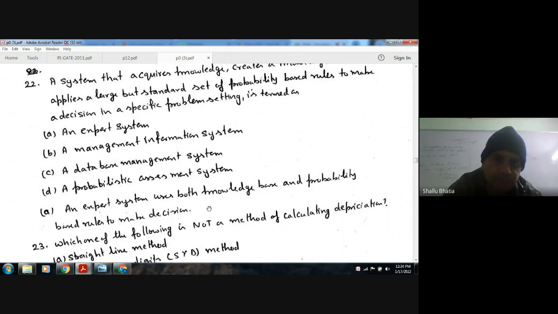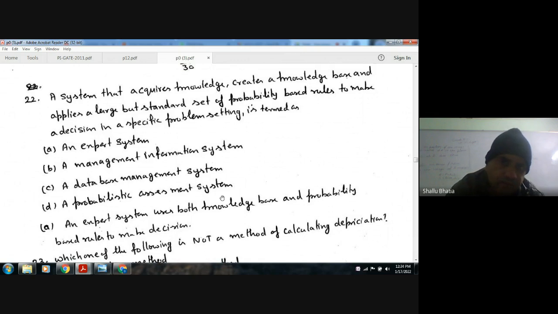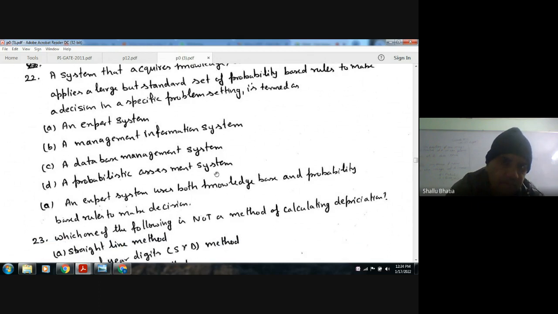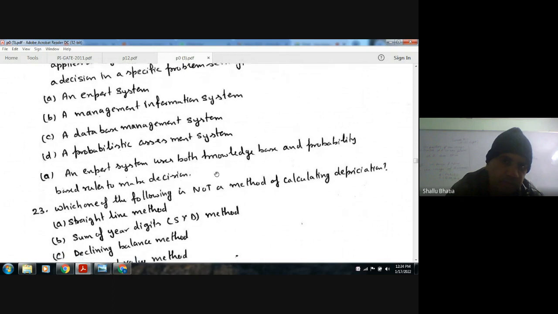The answer is expert system because it requires knowledge, and an expert always has knowledge, and he applies it to the standard set. So the answer is expert system, which uses both knowledge based and probability based rules to make decisions.